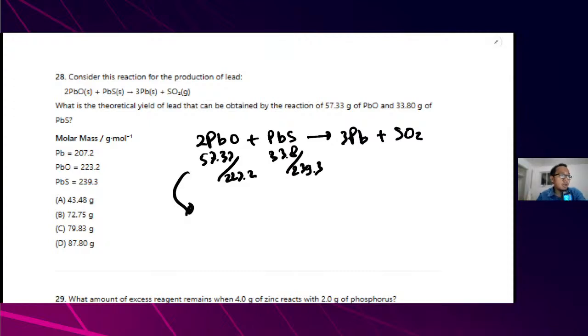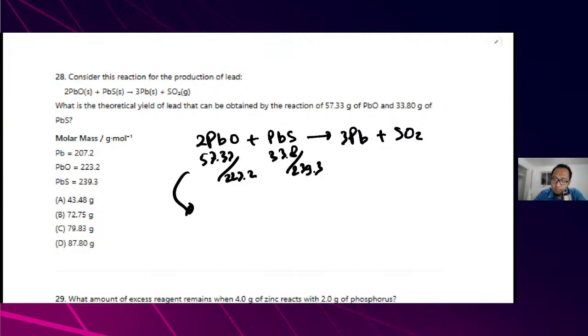So regarding this information, we can get the mole of each reactant. Let me bring the equation first. Okay, so I need to do calculation again for this one. So let me open my calculator.